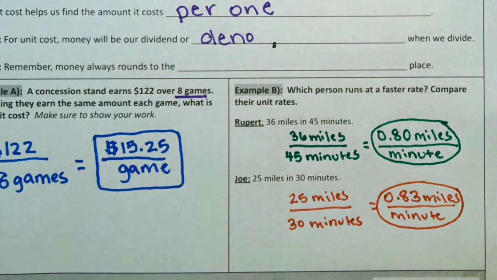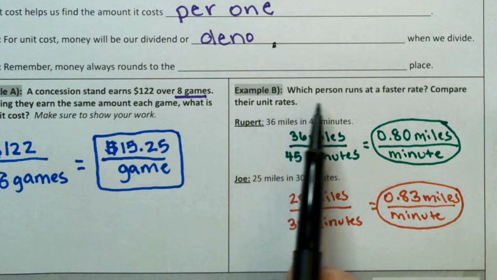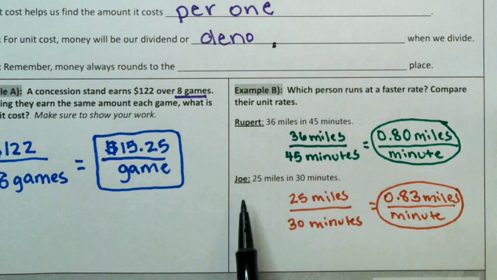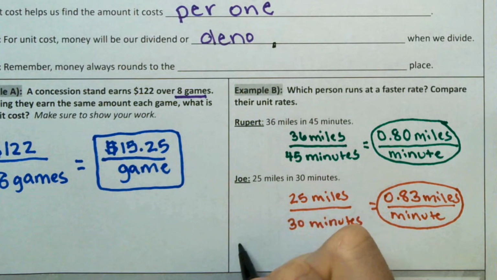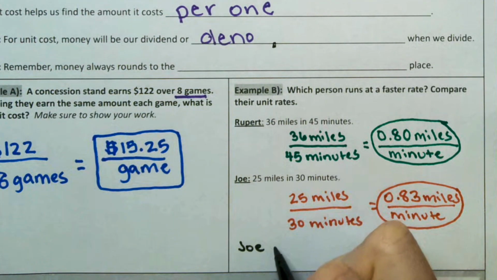Pause the video if you need more time. We're almost done with this problem. Now we need to write a sentence answering the problem. Which person runs at a faster rate? Well, Joe runs at a faster rate.